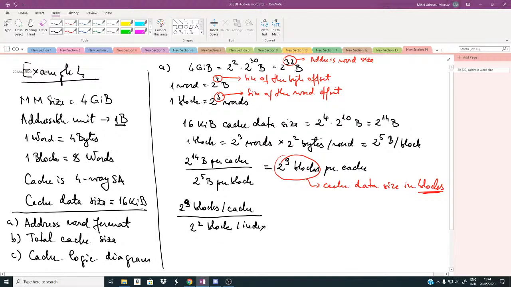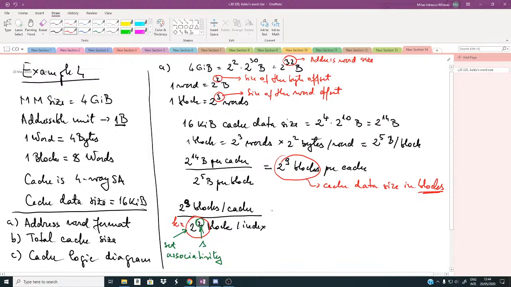And that is because this is the set associativity, right? This guy is S, and this 4 is K. Good.